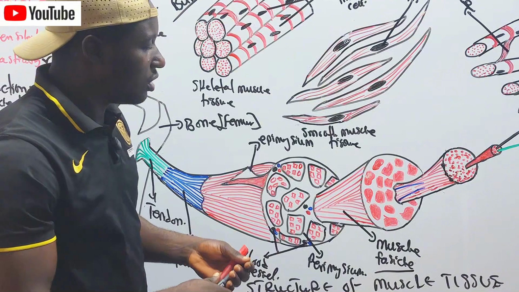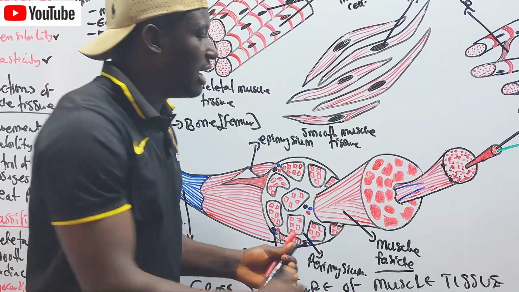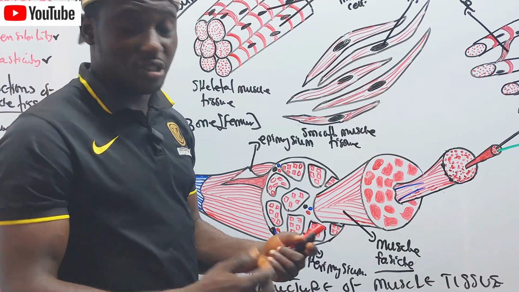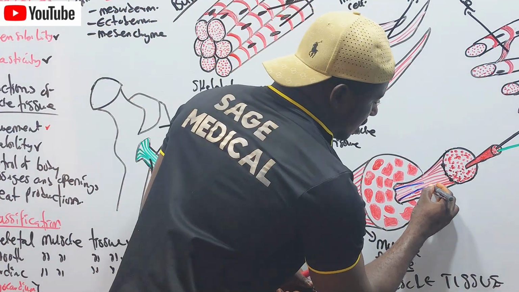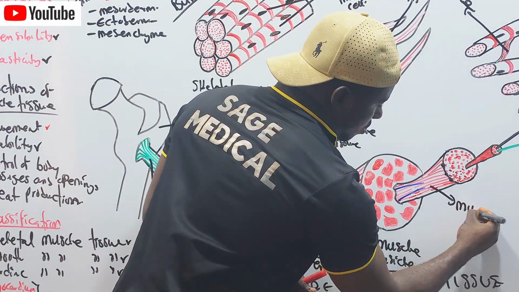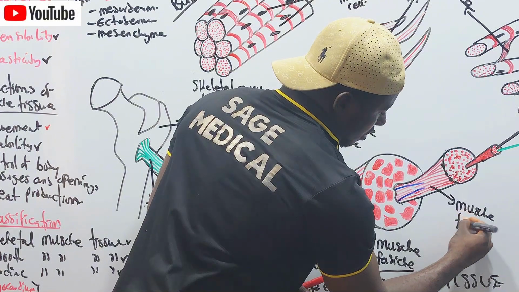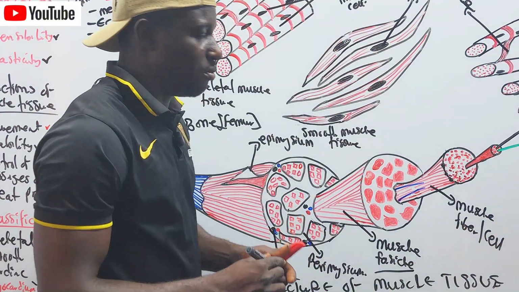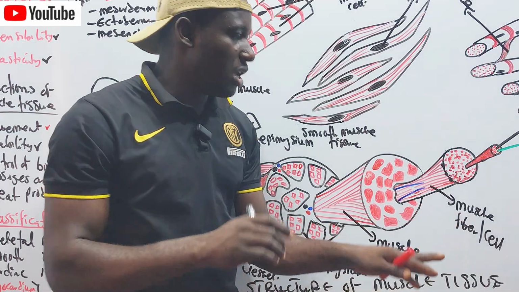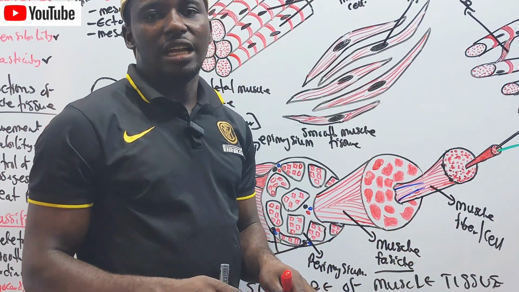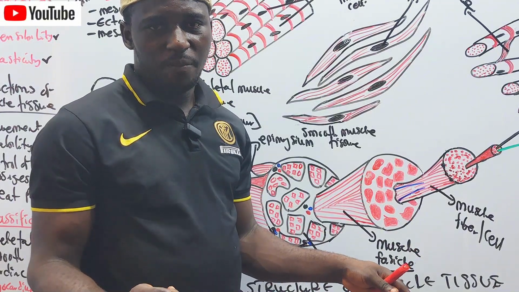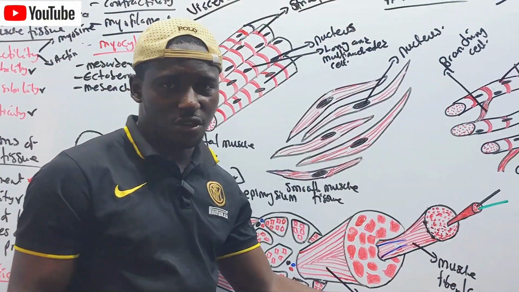Do we get? So the next, inside here, is the muscle fiber, which is known as the muscle cell. Why do we call it muscle fiber? Pay attention. A muscle fiber is an individual muscle cell.